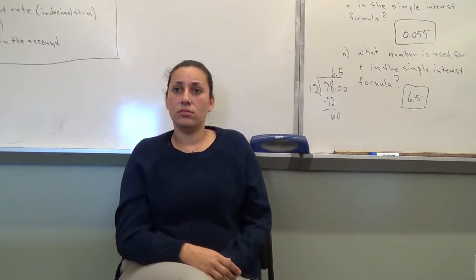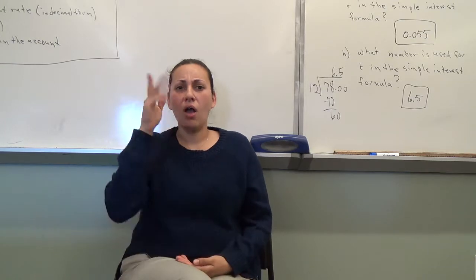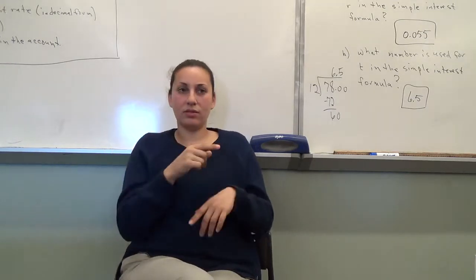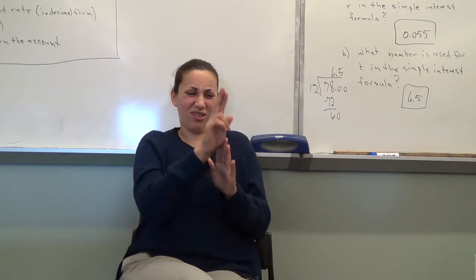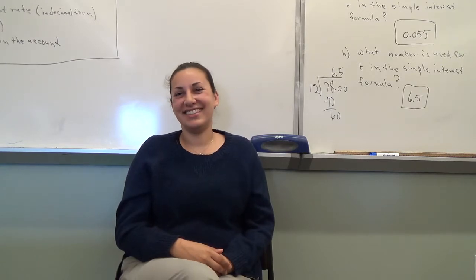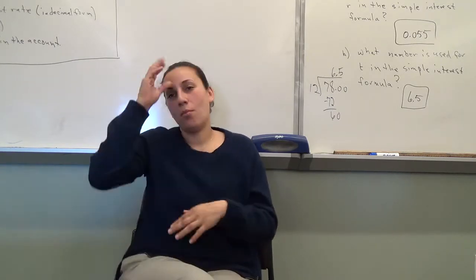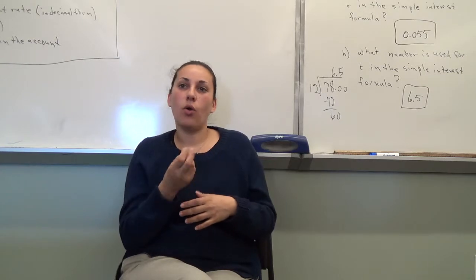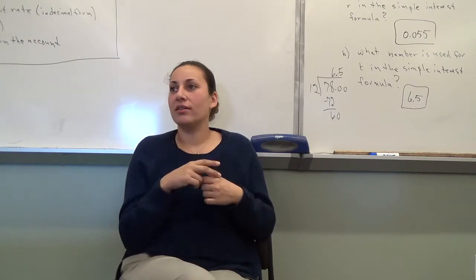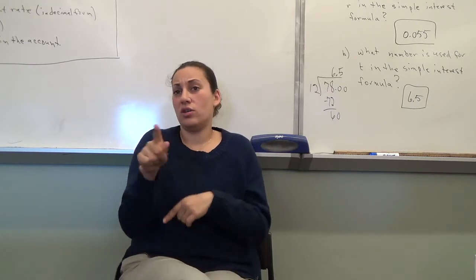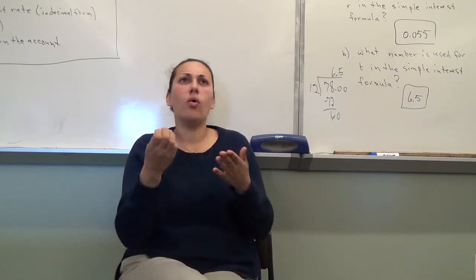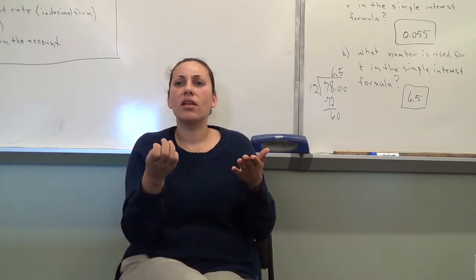Yep, that's what I got too. Did everyone get this number? Okay, then we multiply it by the 2,000, and that is equal to 2,315.25. Everyone get that? So it's just a matter of putting it into your handy dandy calculator and letting it do its thing.